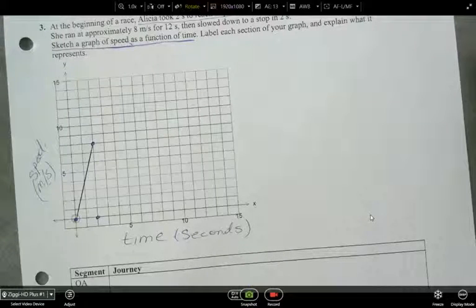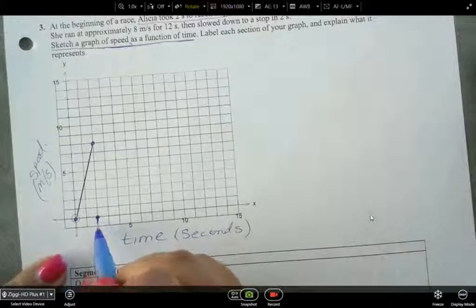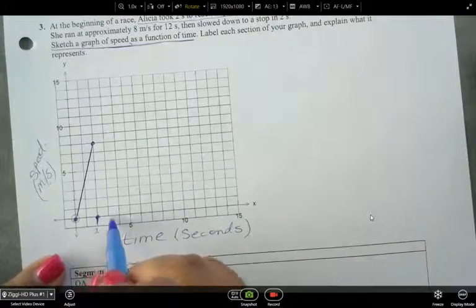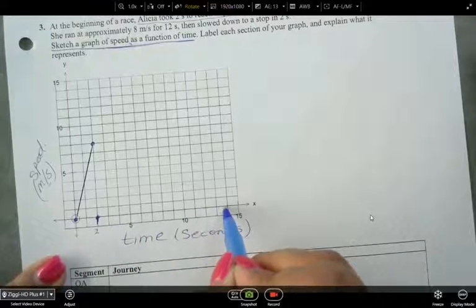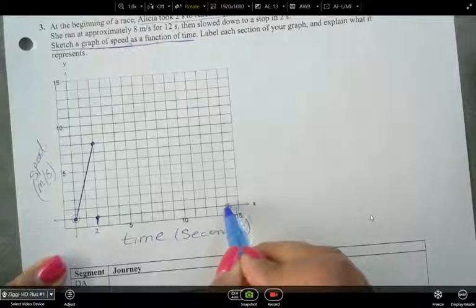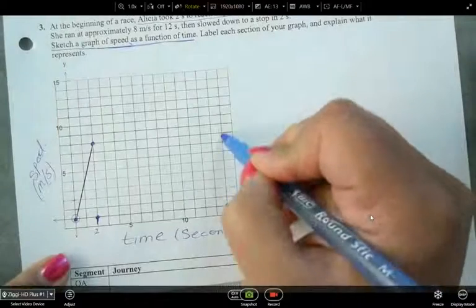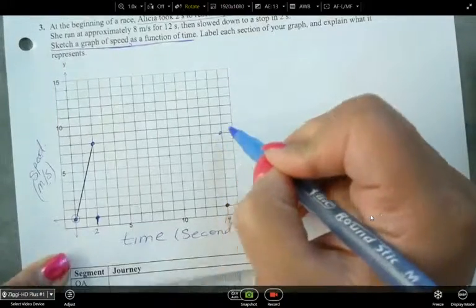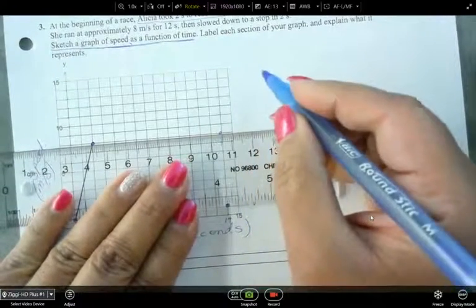What does she do for the next chunk of the story? She ran for 12 seconds. So now here, I'm at 2 seconds. So where does 12 seconds take me up to? To 14 seconds. So that runs me into right there. And what speed does she go? 8 meters per second. So she's running at a constant speed.